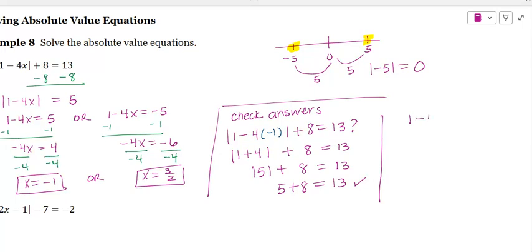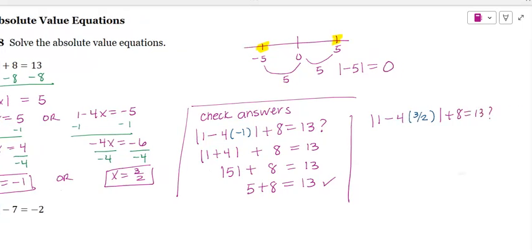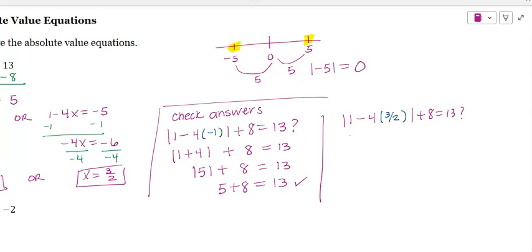If I put 3/2 into that place of x, we want to know if that's equal to 13. -4 times 3/2, let's see what that is. -6.